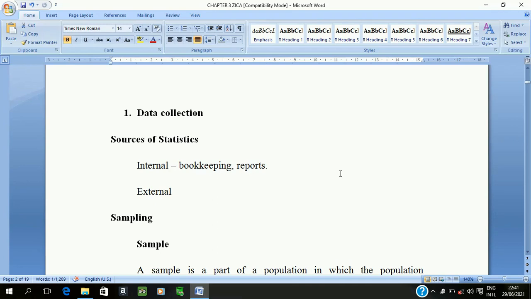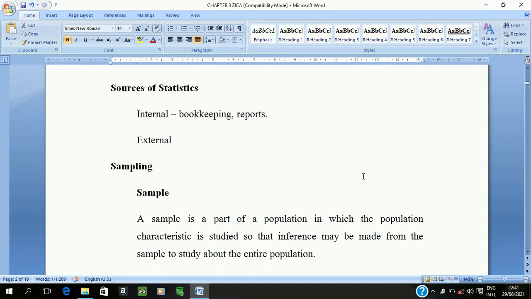External sources are where an organization gets data from outside itself, such as government, magazines, business reports in the industry, and the Central Statistics Office. All those can be sources of data for the organization. But as long as data is coming from outside the organization, we call those external sources.